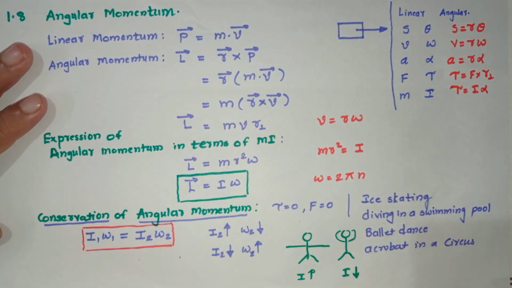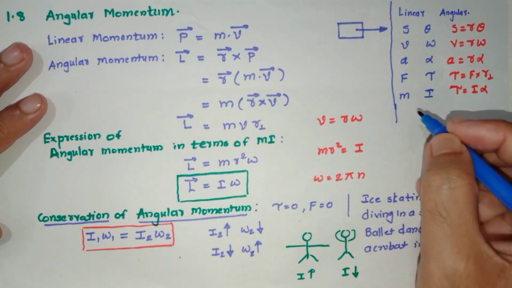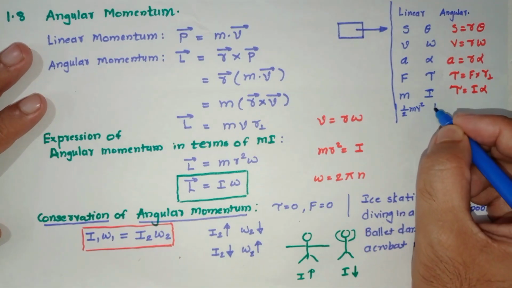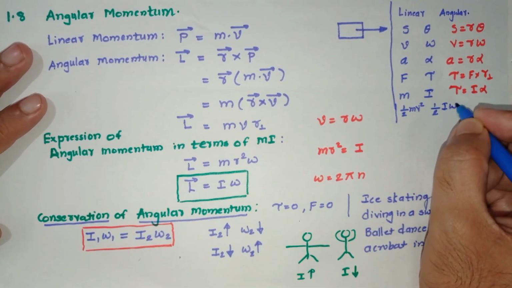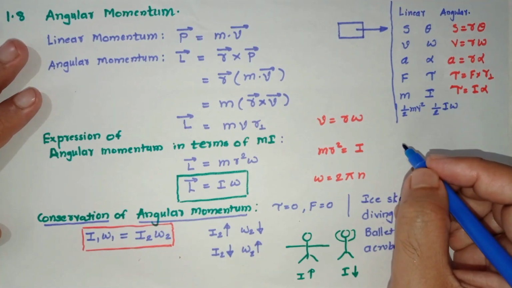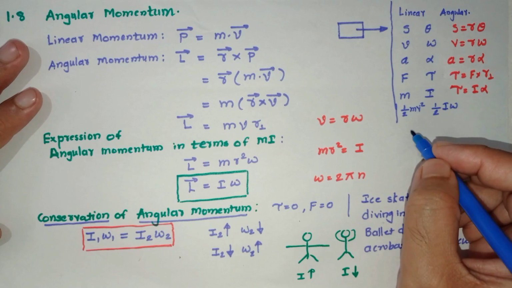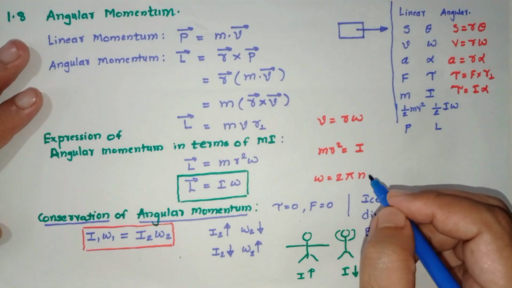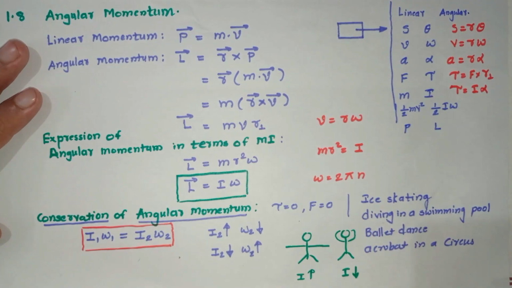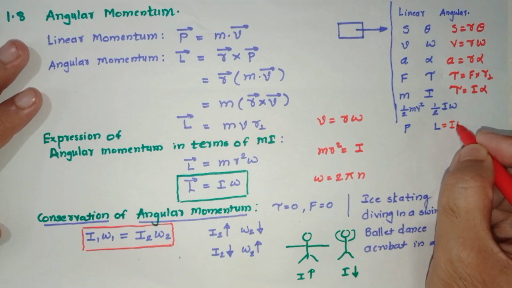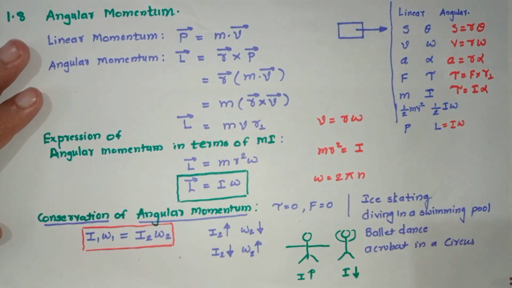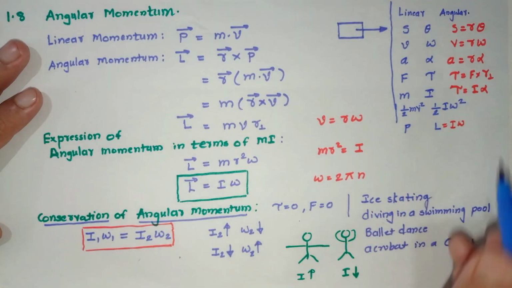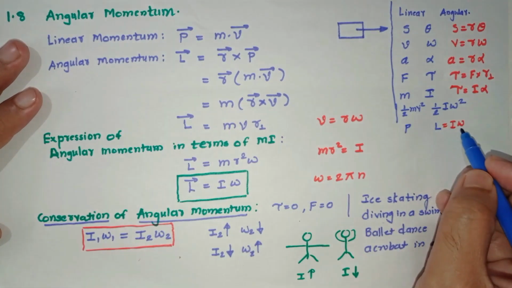Linear kinetic energy is half m v square. Rotational kinetic energy is half I omega square. Linear momentum is p, angular momentum is L. L is I omega. Angular momentum is I into omega.